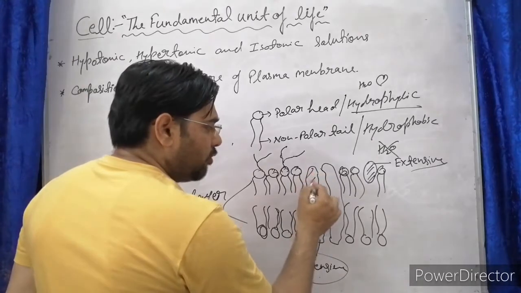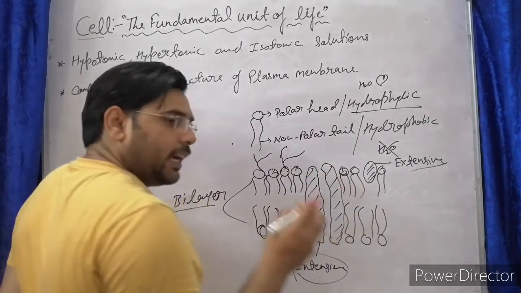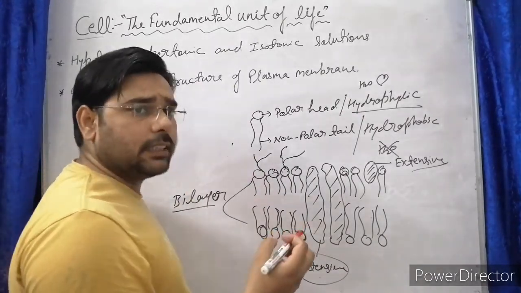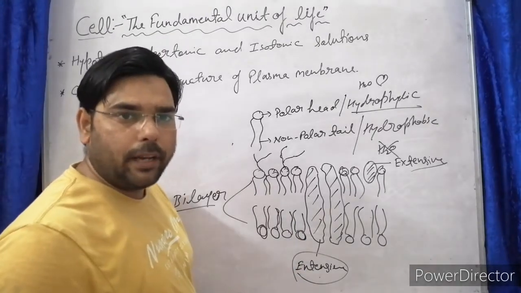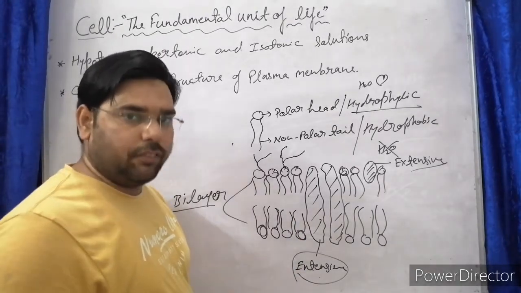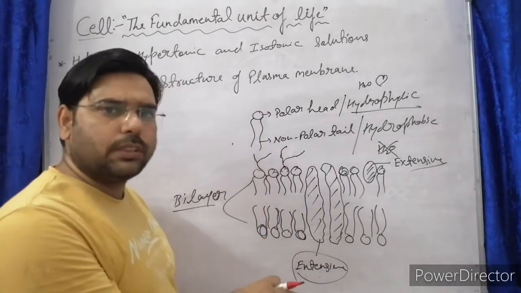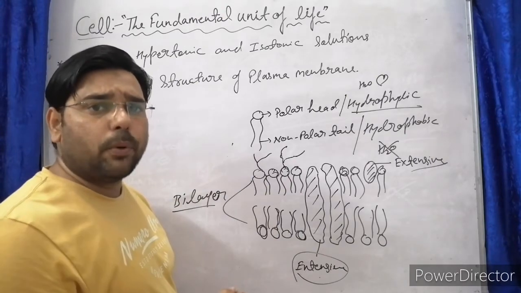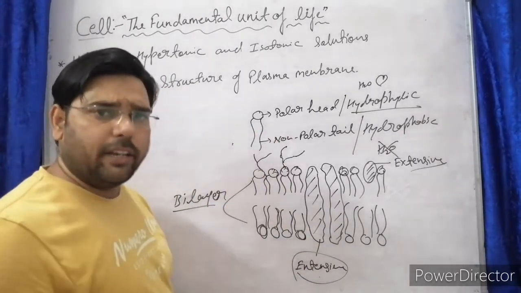What is the function of these protein channels? This is intrinsic protein. There are so many molecules which have to go into the cell, as we have studied. The plasma membrane is a semi-permeable membrane, so it only allows selective things to pass through it. Some molecules are so small and non-polar that they pass through the membrane by diffusion.